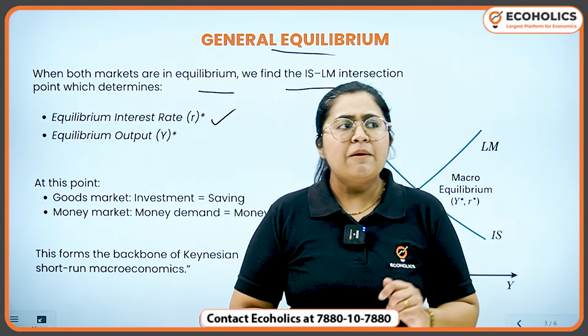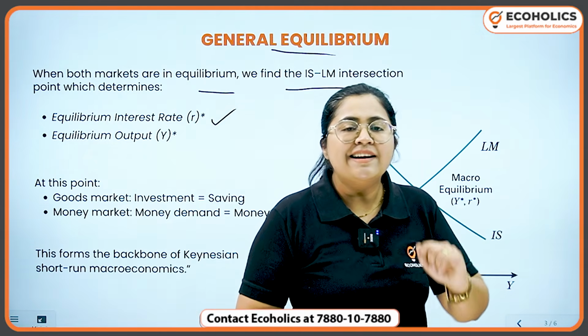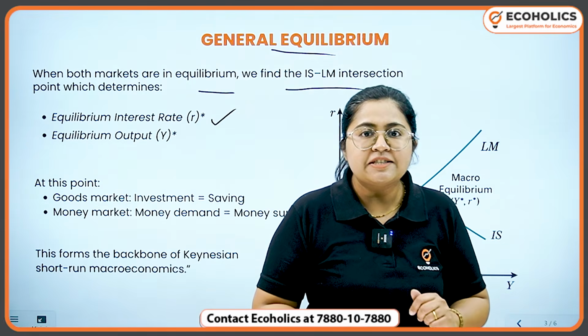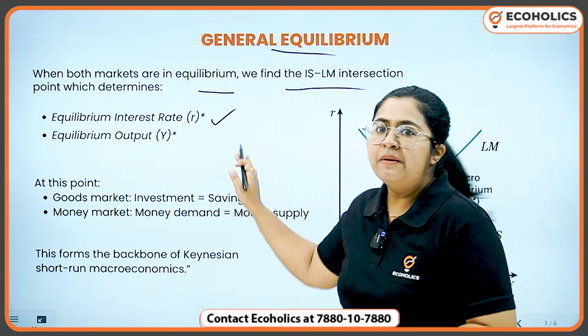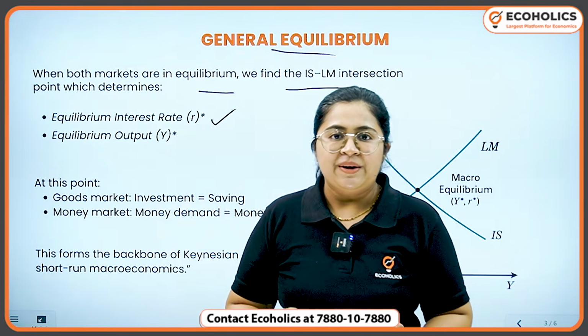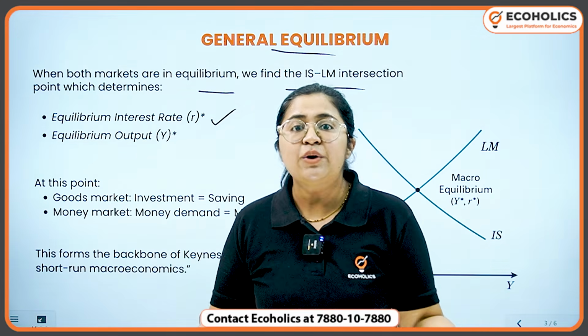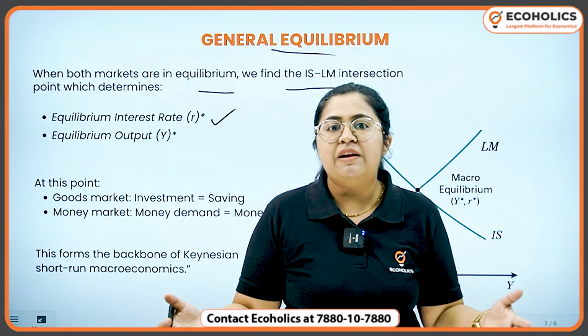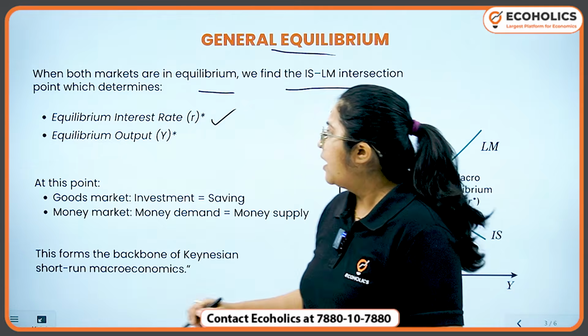Now many students ask, ma'am, what is this interest rate? Is this the bank interest rate, or our FD interest rate, or the savings deposit interest rate? No, it is the equilibrium rate of interest that we are talking about, okay, which is why it is widely utilized as a concept in macroeconomics, in the growth and development module, and in general economics also, right?